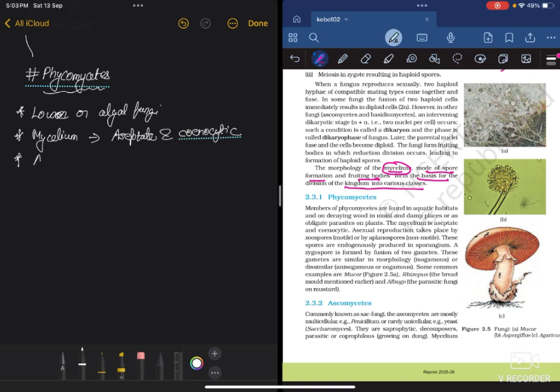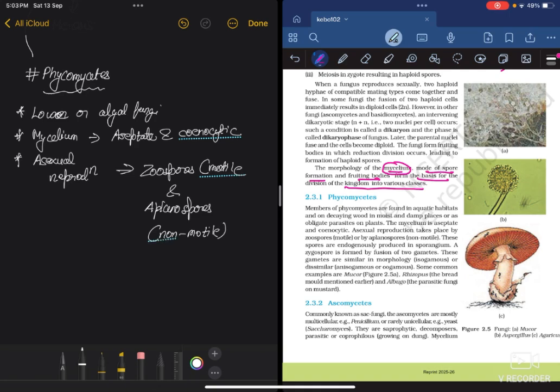Asexual reproduction takes place through zoospores, which are motile, and aplanospores, which are non-motile. Sexual reproduction also takes place, through oospores. It's not given in NCERT.